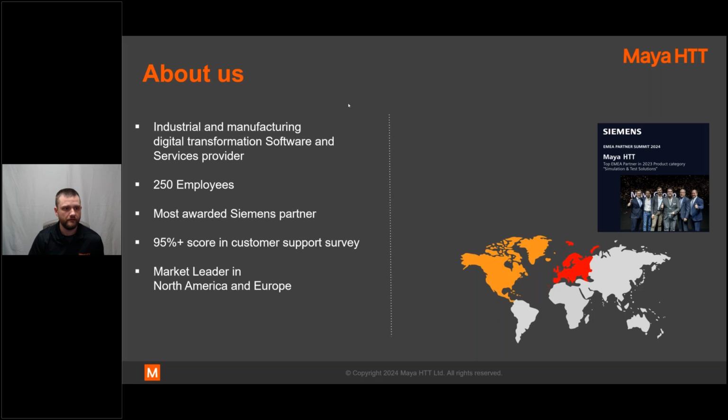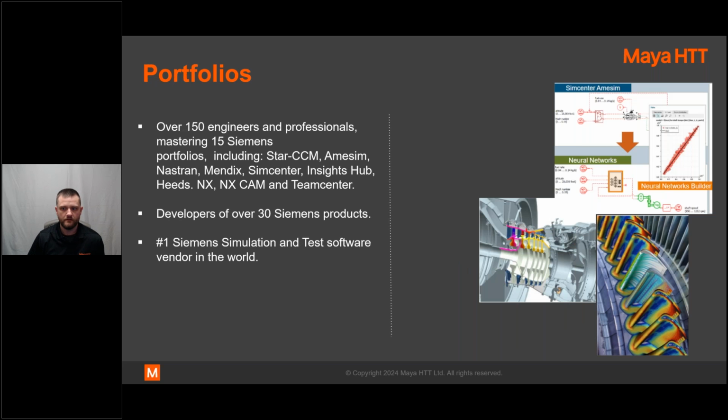A little bit about Maya. We're an engineering company, software services, etc., with about 250 employees with a global presence. We are Siemens VAR, and we have about 15 Siemens portfolios. We also develop over 30 of the Siemens products, so we're also an OEM for Siemens products.